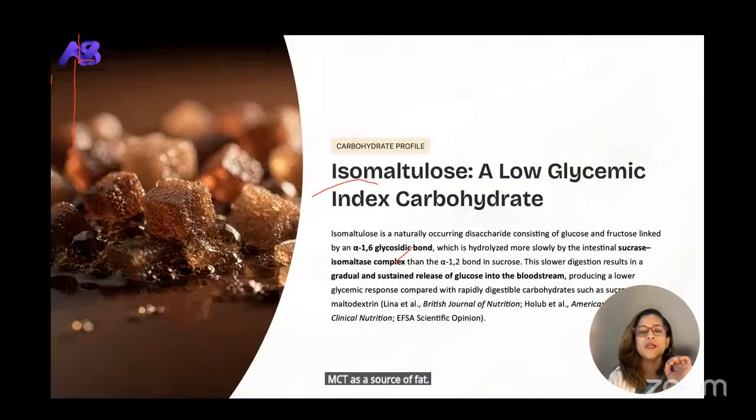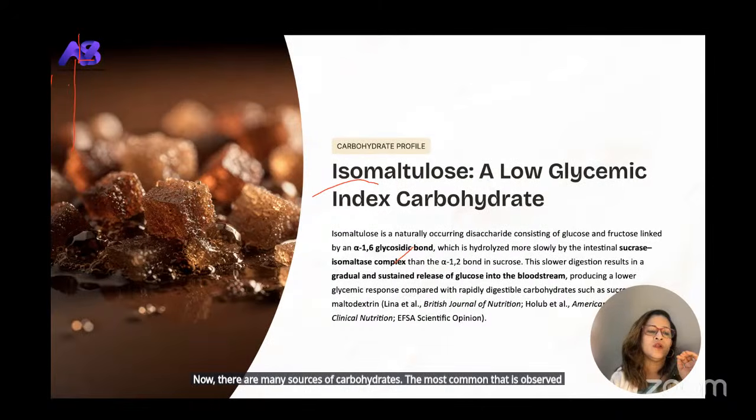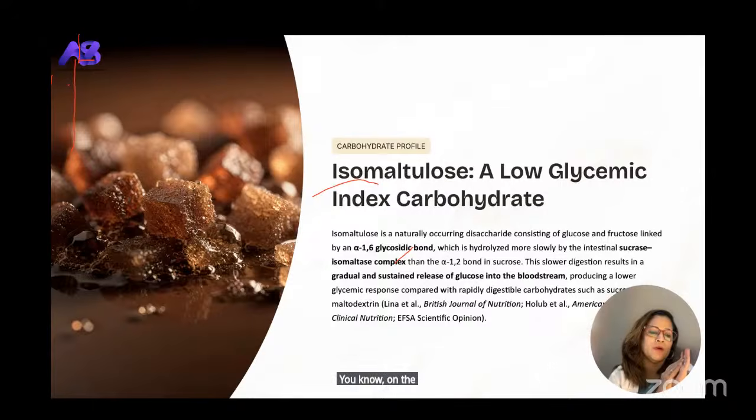When you talk about the source of carbohydrates, there are many sources. The most common one observed on the medical nutrition therapy boxes that we see is isomaltulose. We know that it is a disaccharide.